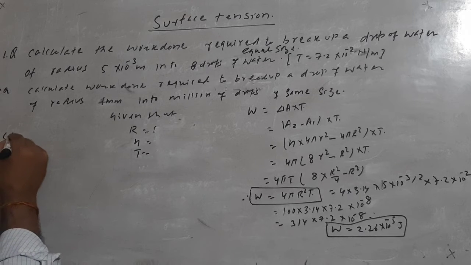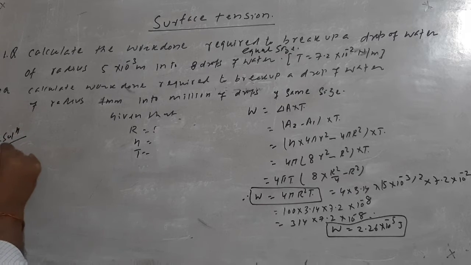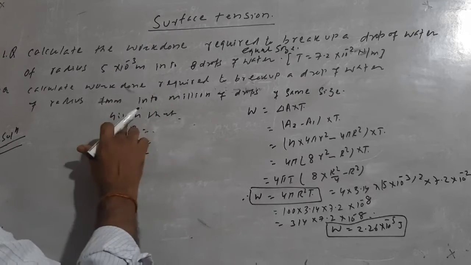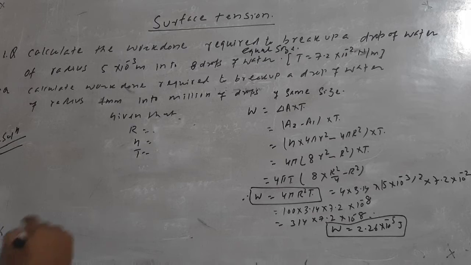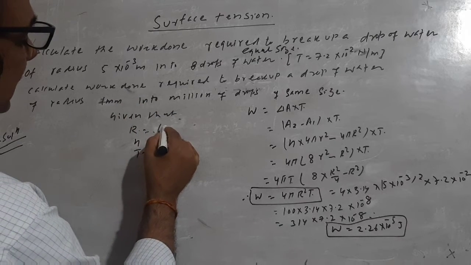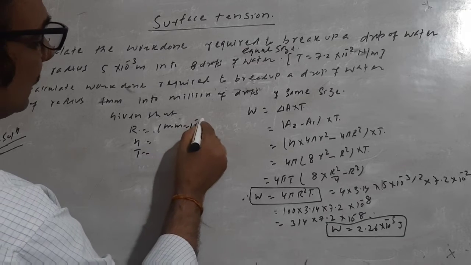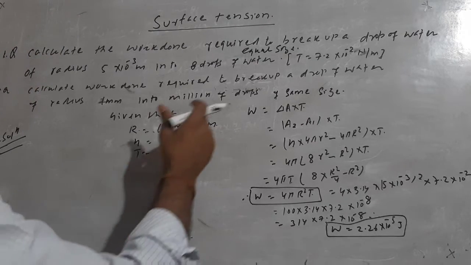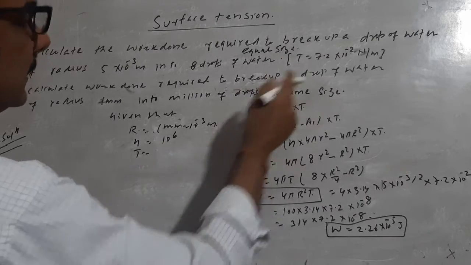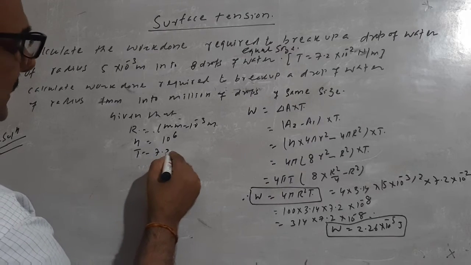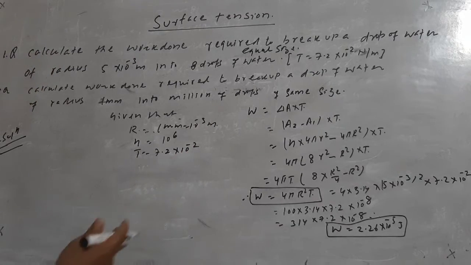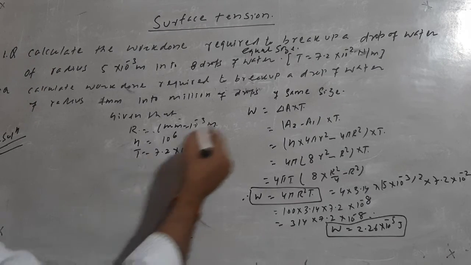Solution number 2. Both questions are almost the same, only the data changes. According to this question, the radius equals 1 mm, means 10 to the power minus 3 meter, and a million drops means 10 to the power 6, and the value of surface tension remains the same, 7.2 into 10 to the power minus 2. Here the same process is applied again.